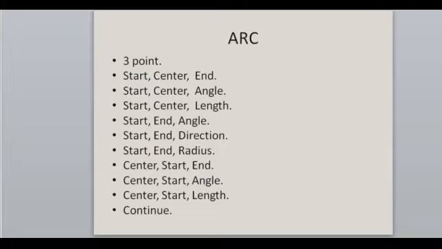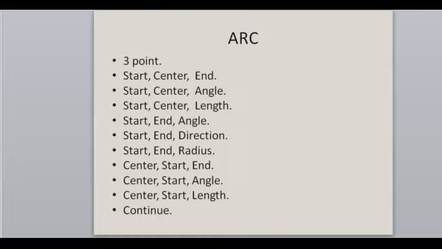In AutoCAD, we have 3-point arc, start, center, end, start, center, angle, start, center, length, start, end, angle, start, end, direction, start, end, radius, center, start, end, center, start, angle, center, start, length and continuous. You can observe that the first is 3-point and the last is continuous.